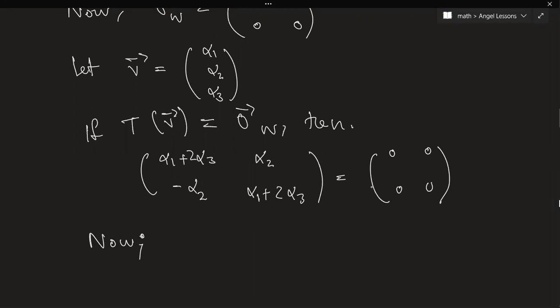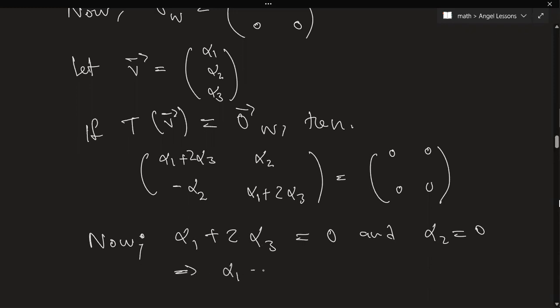Well, we can basically write them as equations. Yes, the elements must be equal position-wise. So alpha 1 plus 2 alpha 3 must equal 0, and alpha 2 must equal 0. So this implies alpha 1 must equal negative 2 alpha 3.